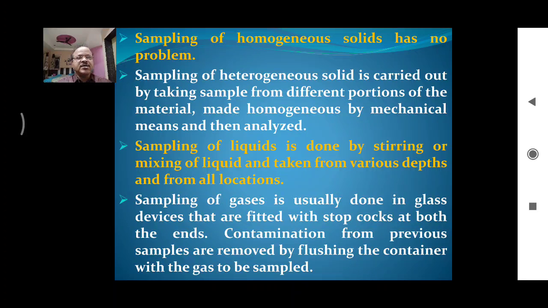But if the solid sample is heterogeneous, meaning it is not uniform, some part is homogeneous, some part is heterogeneous, or some part contains big crystals, then we need to grind such a material, or make such a solid material homogeneous by any mechanical means, and then we can take the sample for analysis.